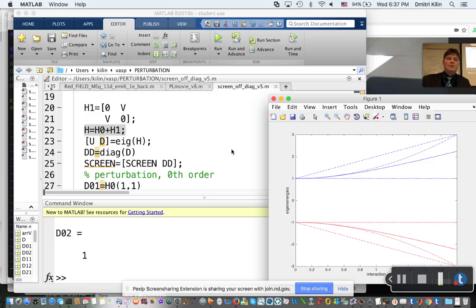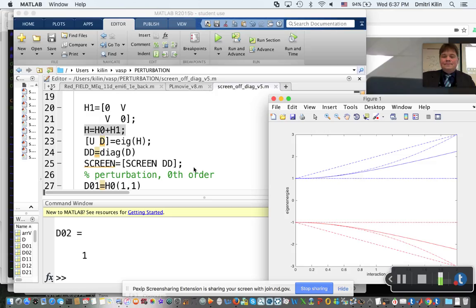For your personal practice, maybe as a little homework, compare a couple of regimes: when the perturbation is much bigger than the unperturbed energy and when it is otherwise, and see which order of perturbation theory works better.